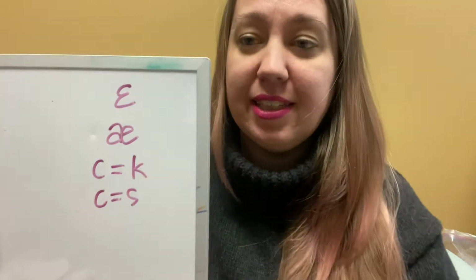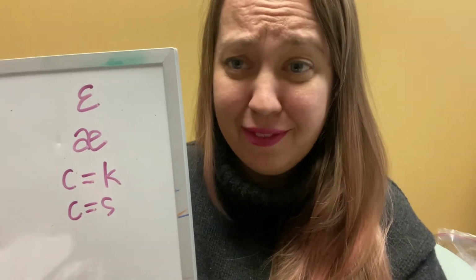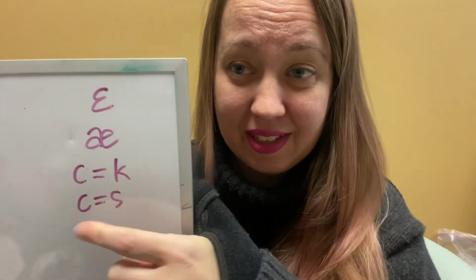Letter C can be a K in words like cat, cap and capture, or it can be an S in words like city or site, even in the middle of words sometimes, like accept.